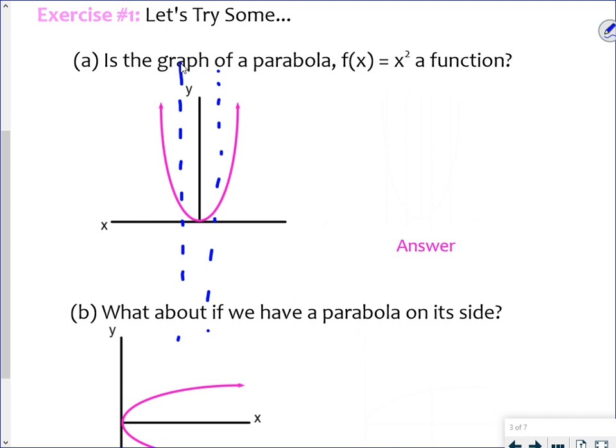So I have these two vertical lines drawn on, and I want to circle where they intersect. On this line on the left, it only hits my function in one point, right there. So far, so good. Over here, again, it only hits it in one place. Because there's not more than one hole on each line, is this a function, yes or no?